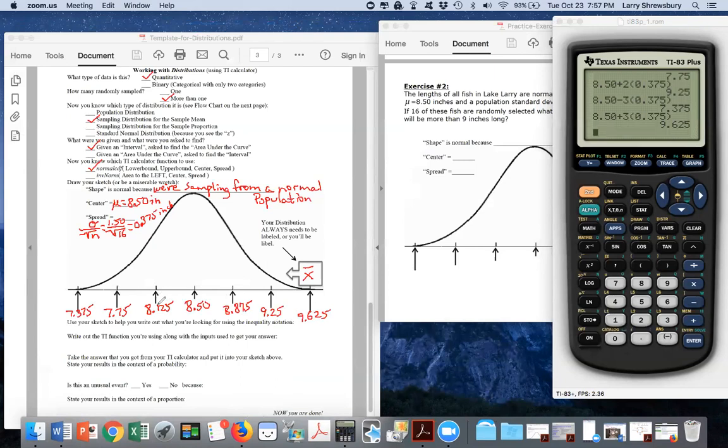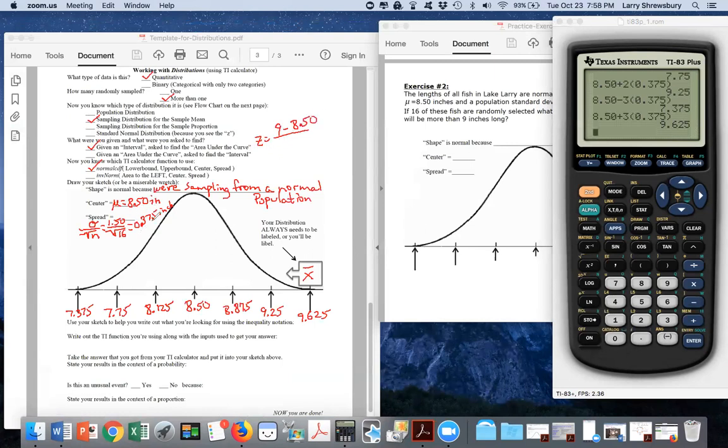Now, but where is 9 inches? Because that's what they want to know. Well, it's somewhere between here and here. Well, let's turn it into a z-score, so it'll be easier to locate that way. So what I've got to do is take my sample mean, which is 9, subtract the center, of course, you've got your center right here, 8.50, and you divide by the spread of the sampling distribution.